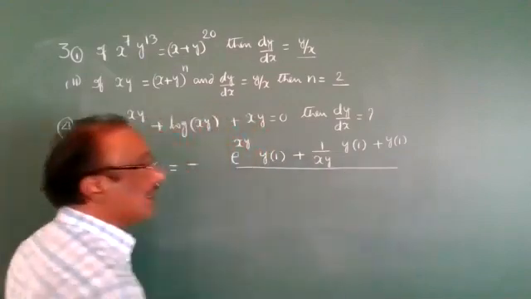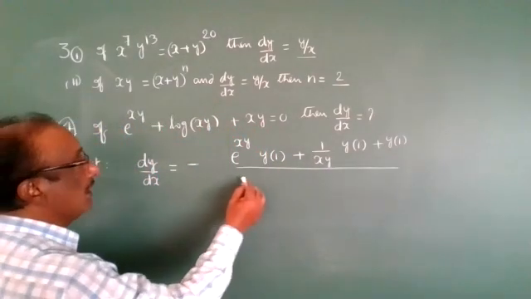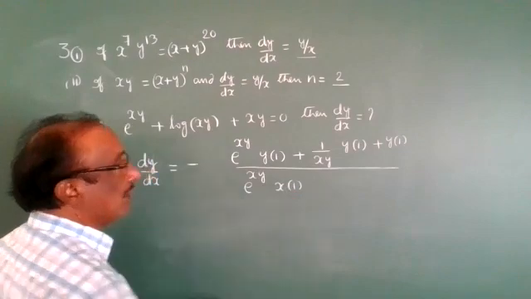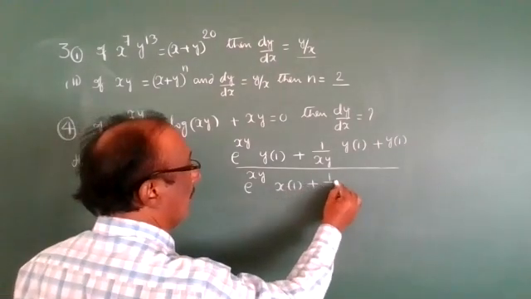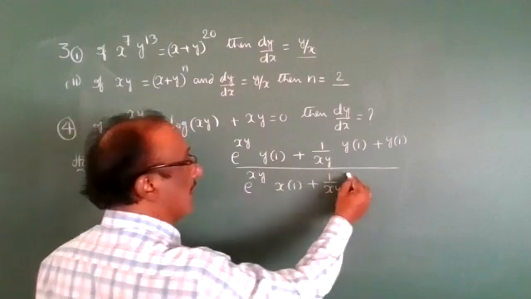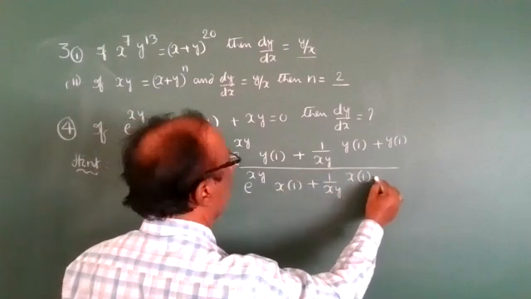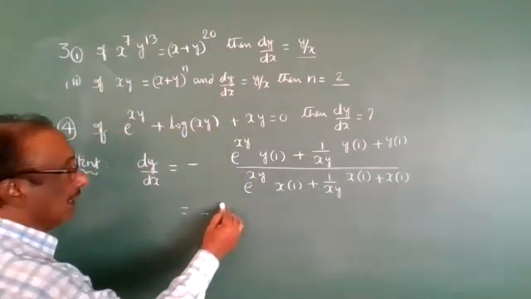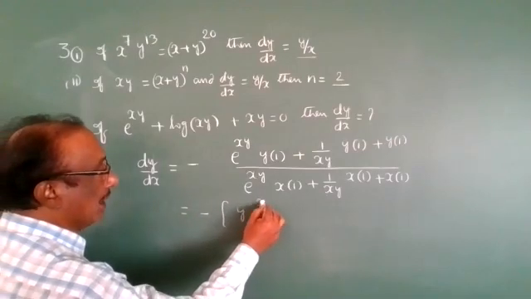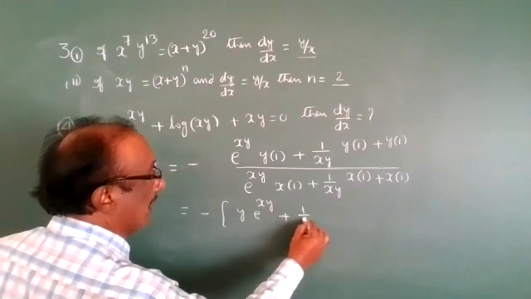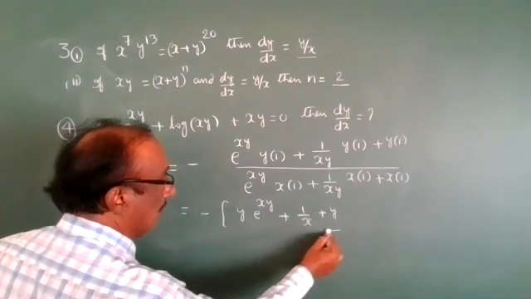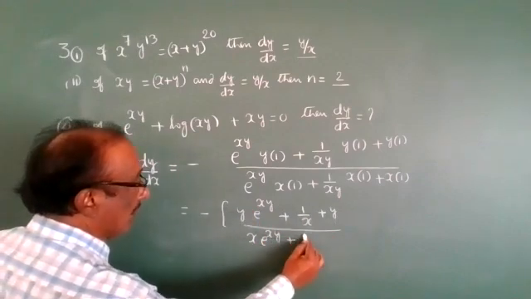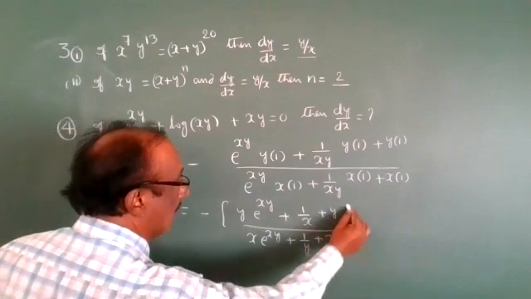By denominator, the partial derivative with respect to y: e to the power xy, with x as coefficient of y, derivative 1. The log derivative is 1 by xy, by the chain rule, inner function x coefficient y derivative 1. Writing the simplification: minus y into (e to the power xy plus 1 by x plus y) by the denominator x into (e to the power xy plus 1 by y plus x) is the required answer.